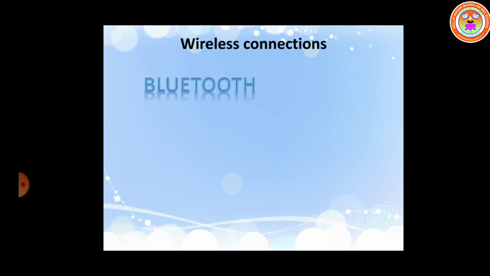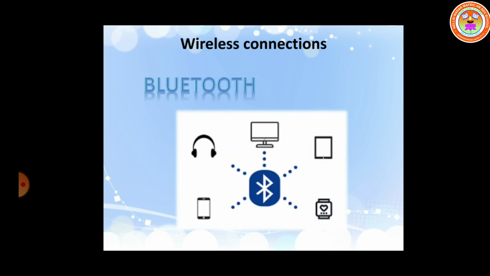So far we have seen the direct connecting cables. Now we will go with the wireless connections. Bluetooth and Wi-Fi are used to connect without any connecting cables. First we will see what is Bluetooth. Mouse and keyboard can be connected to the computer using Bluetooth.